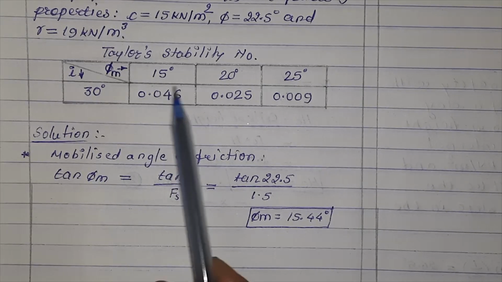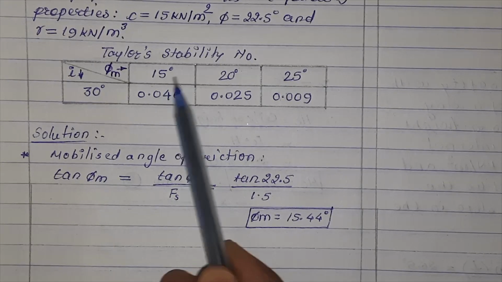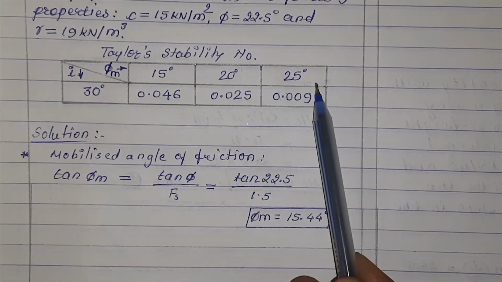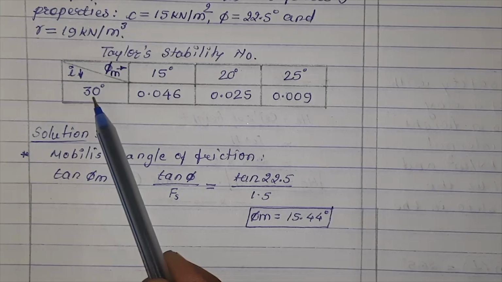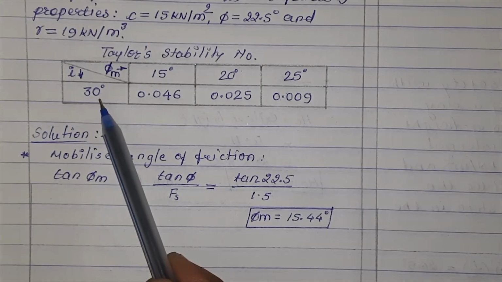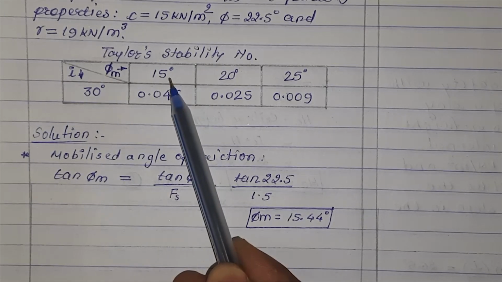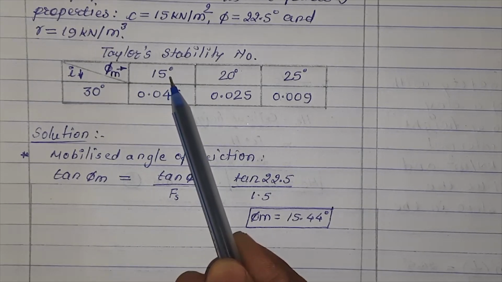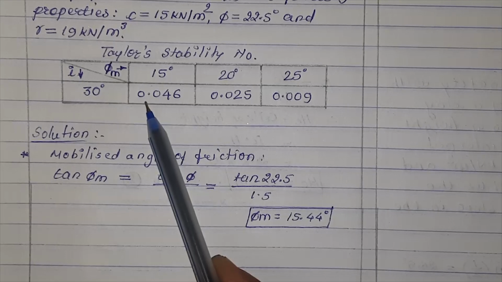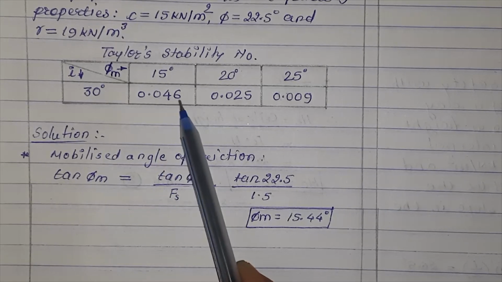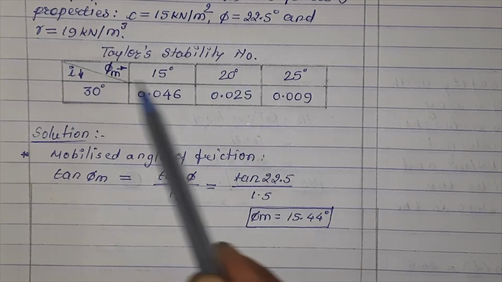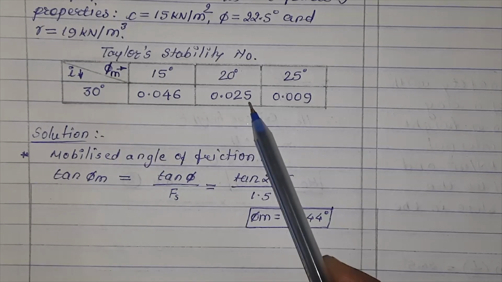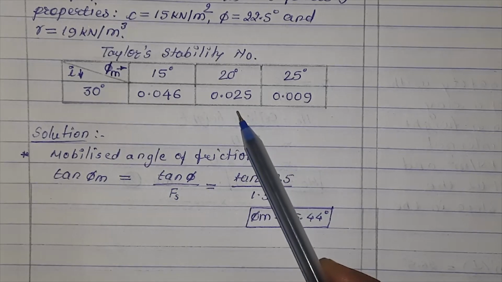Here in this table, phi m value is 15 degree, 20 degree and 25 degrees. Angle of slope is mentioned 30 degree. So for 30 degree value of i and phi m equal to 15 degrees, stability number is 0.046. For phi m equals to 20 degree and slope angle 30 degree, Taylor stability number is 0.025.